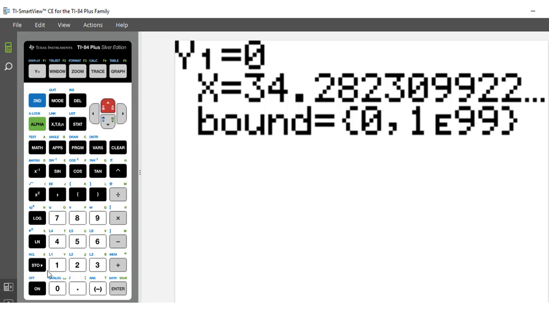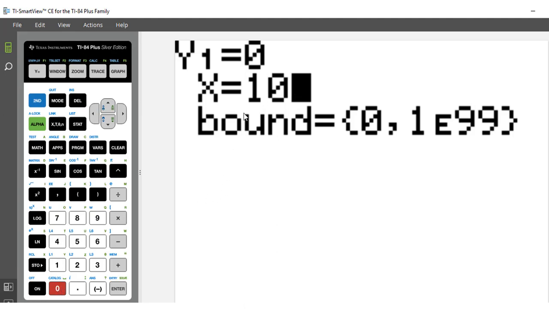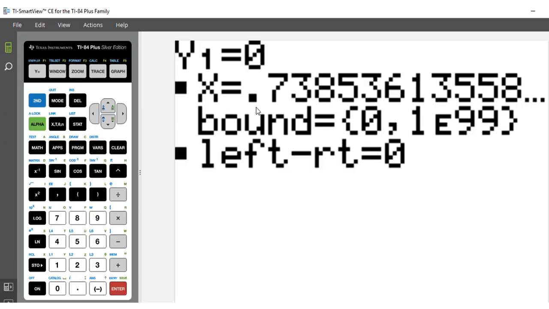So I go here. Still, I use 10. You can use any number you want, but make sure this is positive because the domain is greater than 0. So I do alpha enter. You will get 0.739 as your solution.